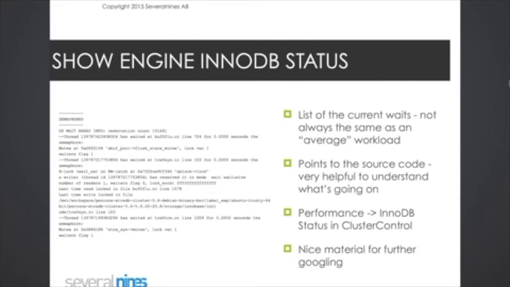As you can see, the information points you to the source code, which is okay, because you don't have to be proficient in C, nor do you have to know the MySQL source code by heart to benefit from it.